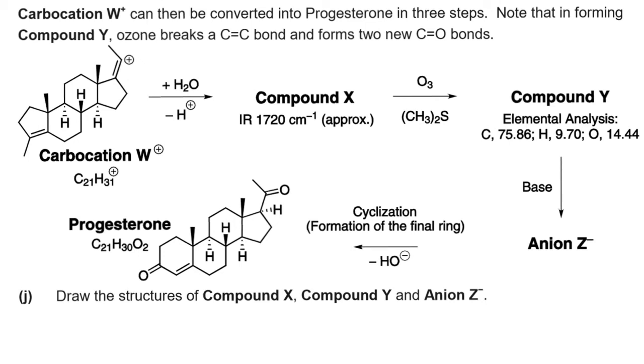We've now reached the final part of the question, part J, and I'm afraid this part is really quite tricky, depending on what reactions you've seen before and how familiar you are with following syntheses like this. One very useful thing is that even though there are a few intermediates and we don't know their structures, we're given the structure at the start, the carbocation W+, and at the end, and we can look at what changes have happened in these 4 steps that we see in the middle.